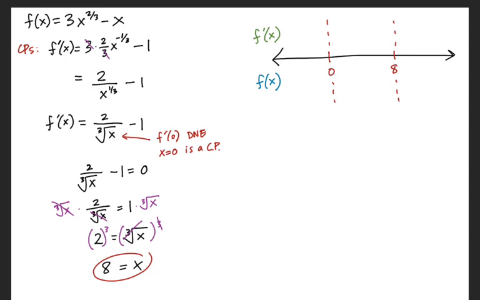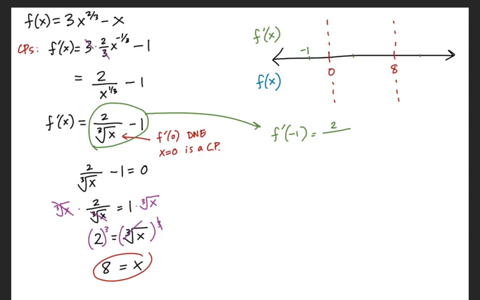Then I'm going to take any test point I want out of those 3 regions: 1 over here on the left, 1 in the middle, and 1 off to the right. So I'm going to find f prime of, let's start on the left, I'll pick negative 1. I'm going to use this version of f prime where it's all simplified.